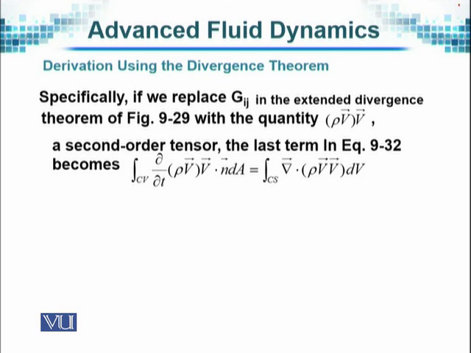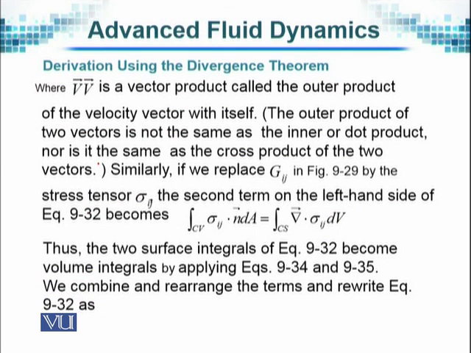the last term in the equation in which we equate all the forces with the mass into acceleration, the momentum forces. If we replace that, then we obtain this term, and it is to be noted that this quantity v into v, the product of two vectors, is known as the outer product of the velocity vector with itself.